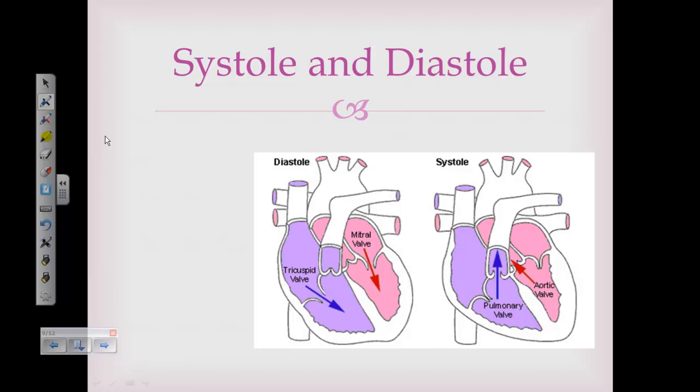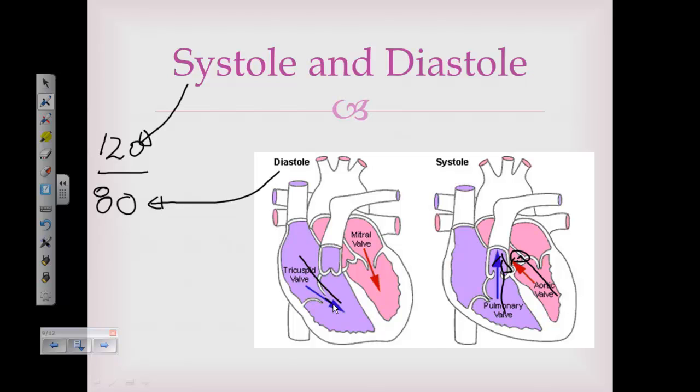So the two parts of our blood pressure reading: 120 is the number we refer to as systole, when the ventricles contract. So systole is the pressure that is created in the second diagram when the ventricles are contracting. 80 is the blood pressure that's created during diastole, when blood is being moved from the atria into the ventricles. 120 is higher because the ventricles are bigger.